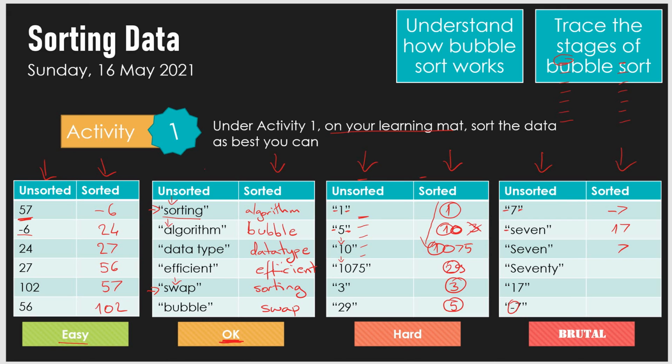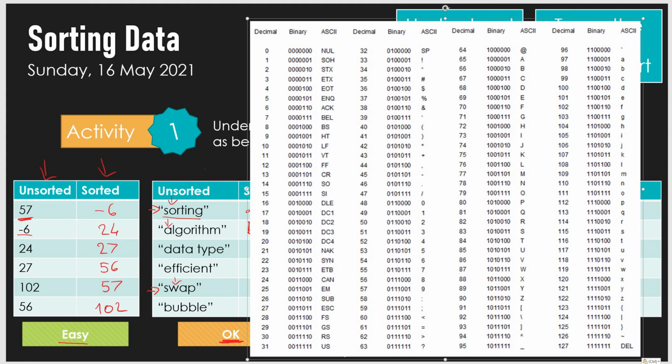Now looking at just these three here, we know that the capital letters in the ASCII table have lower values than lowercase letters. I know it's a bit weird and tricky to get your mind around this, but uppercase letters have lower values than lowercase letters. And again, if I bring up that ASCII table, we can see that the capital letter A has a value of 65 and the lowercase a has the value of 97.